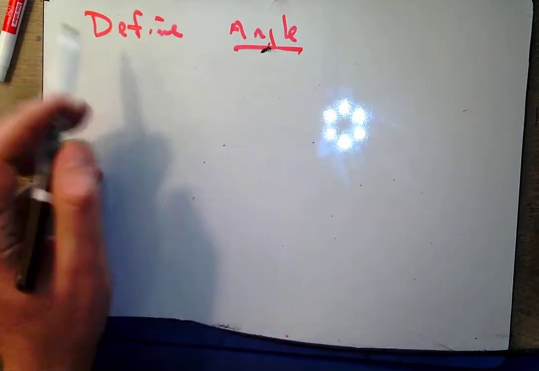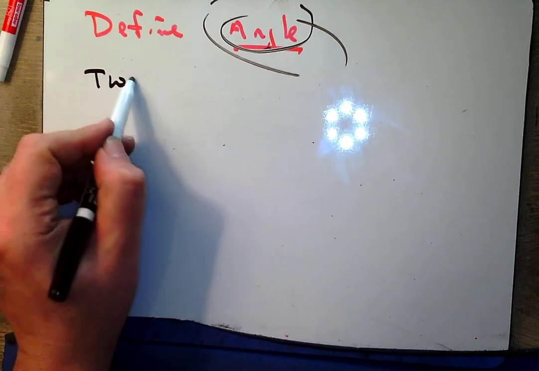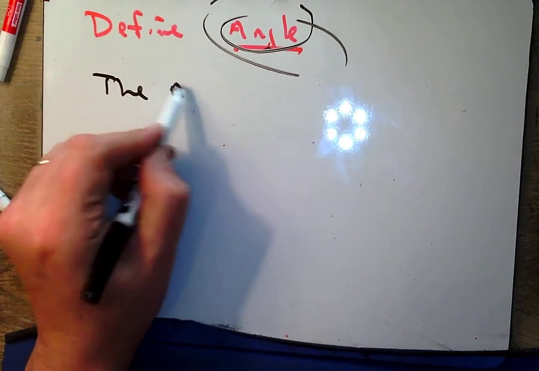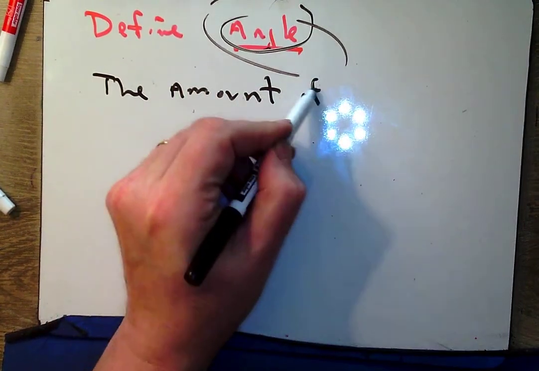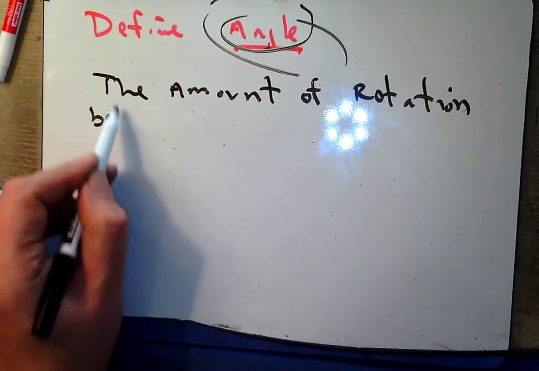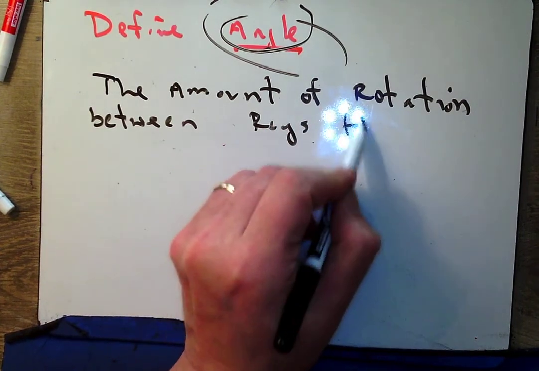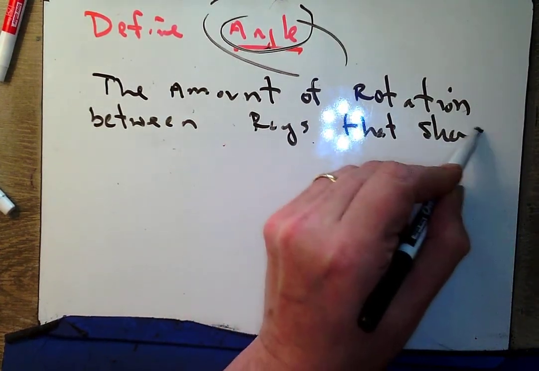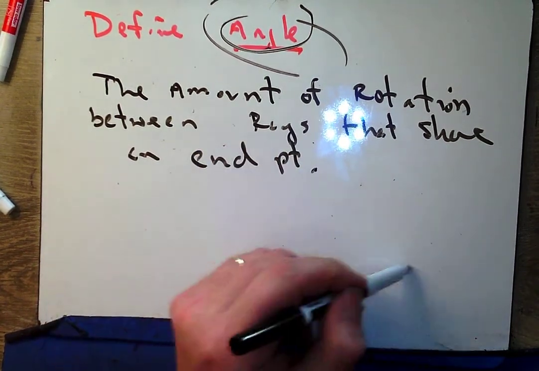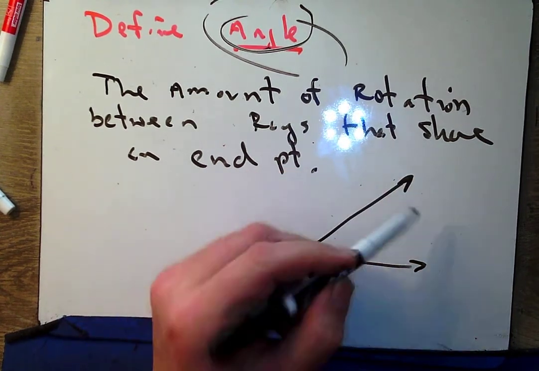So, angle: the amount of rotation between rays that share an endpoint. And thus, this. There's a ray, they share an endpoint.